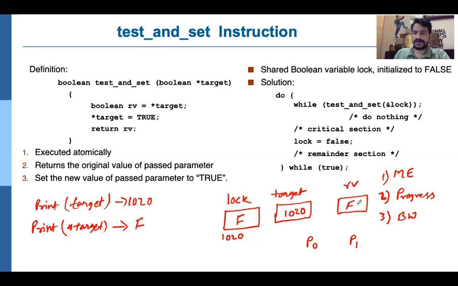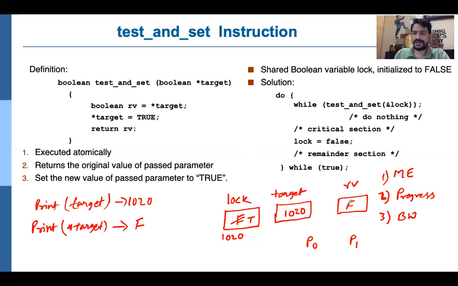RV value will become false, and after that target will become true. And then this RV value will be given here.